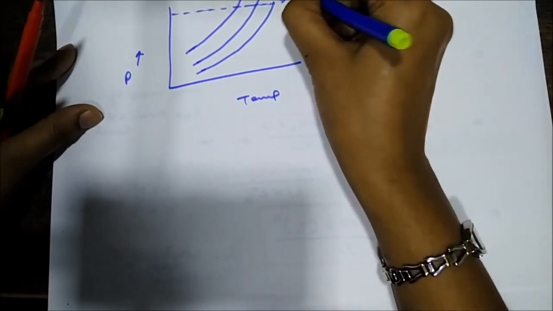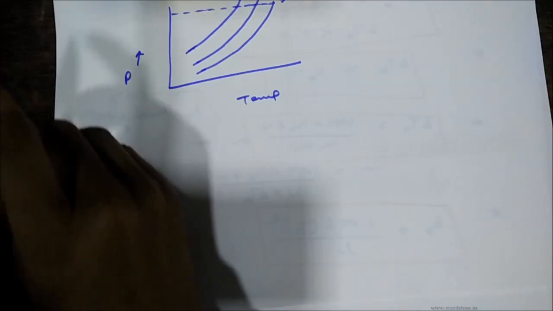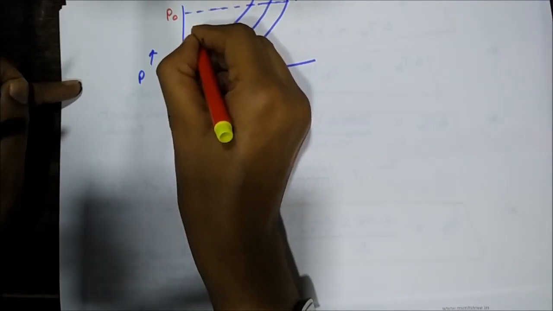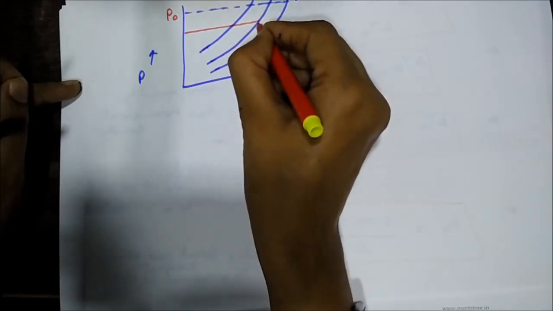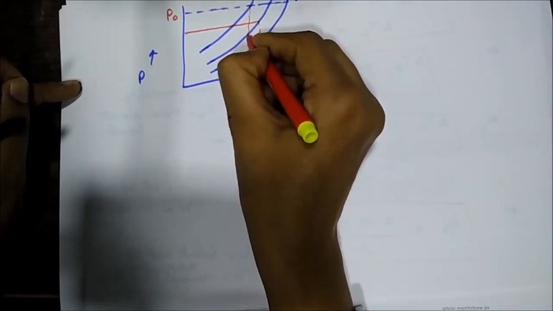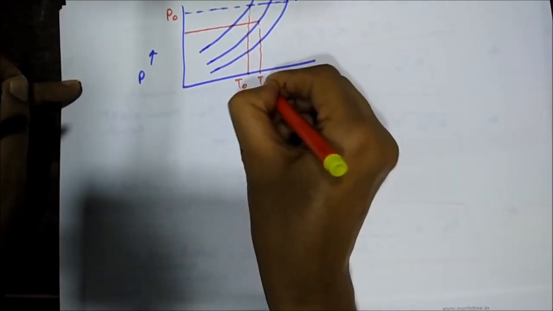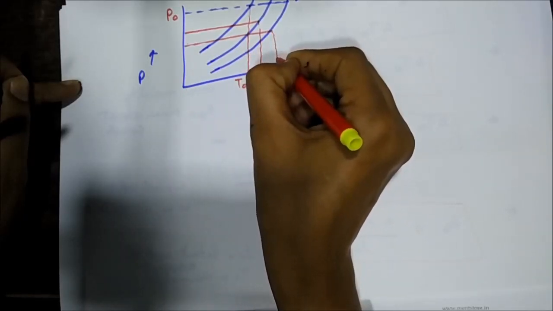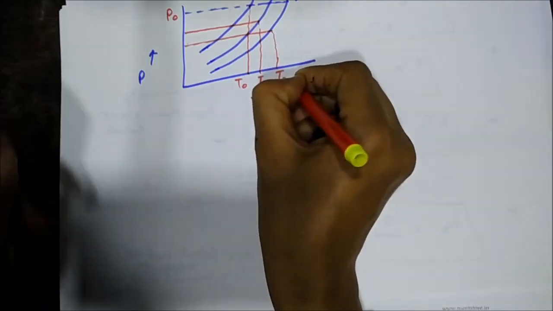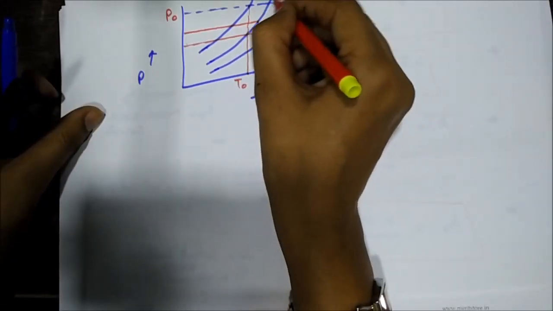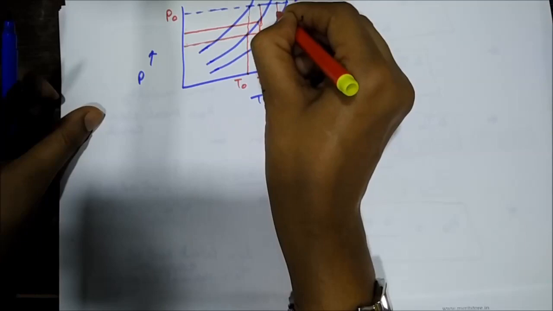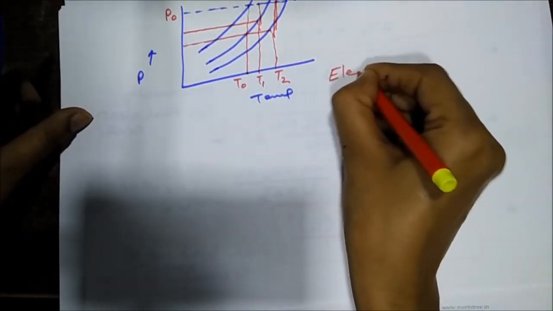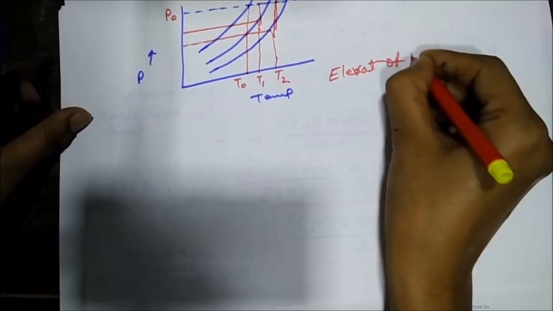Here is P0, this is our T0, this is T1. So this is the elevation of boiling point.